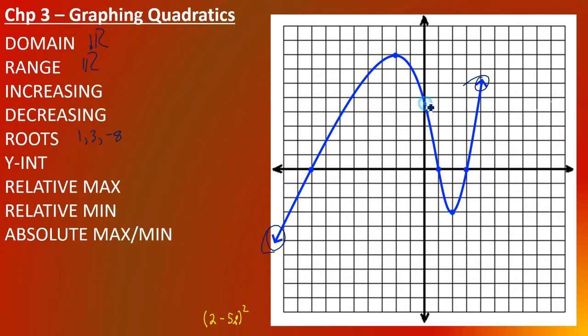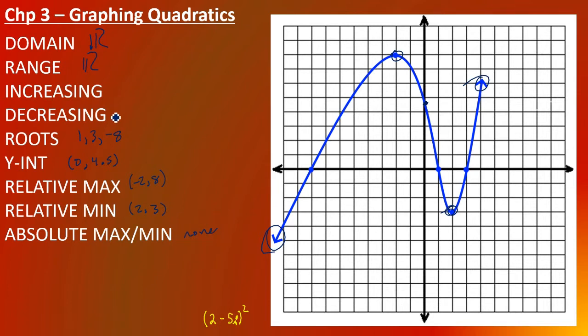Y-intercept, right here, so we have 1, 2, 3, 4.5. All right, absolute max, I have right here, negative 2, 8. And relative min, I have right here. No absolutes because of the tail ends.